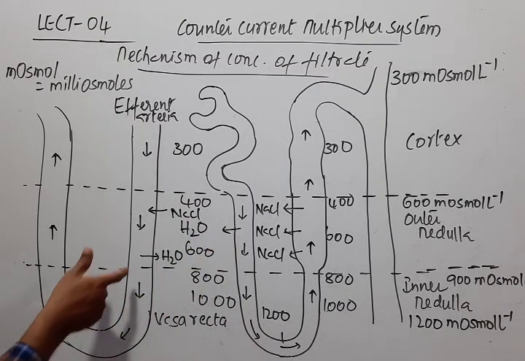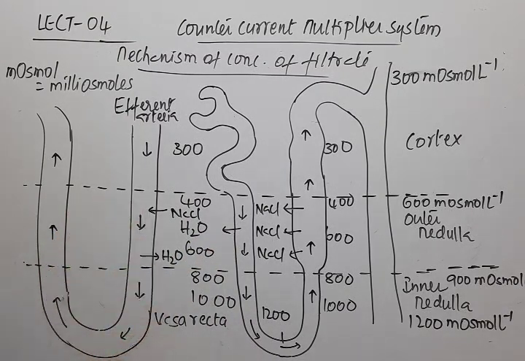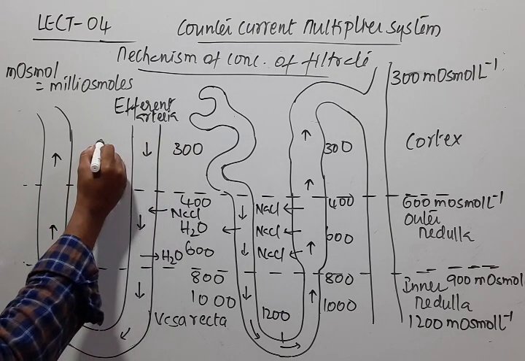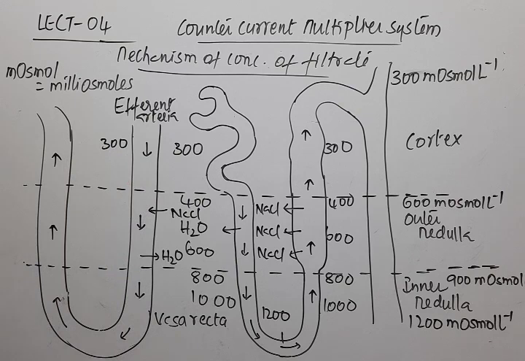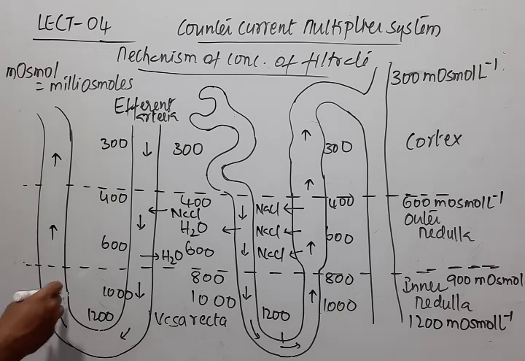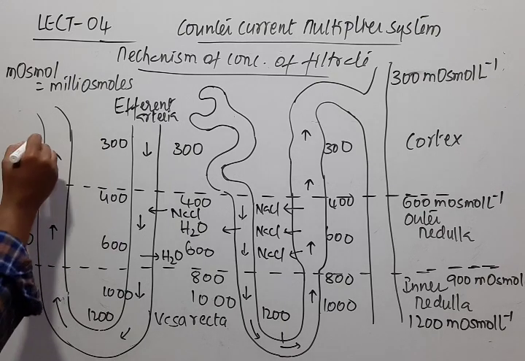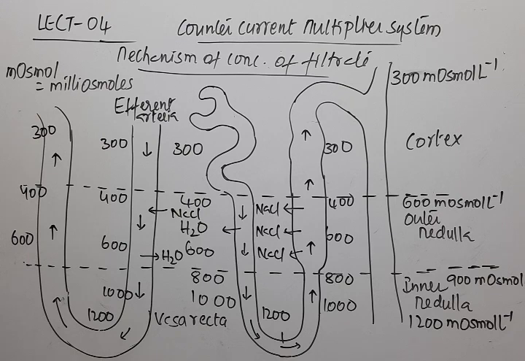Corresponding to this, you will see the same osmolarity even in the case of the vasa recta here. So you may find here 300 milliosmoles, then coming down 400, and again 600, and then 1000, and here to 1200, and back again you may find the same, like 600, and again back to 400, and then to 300 milliosmoles.